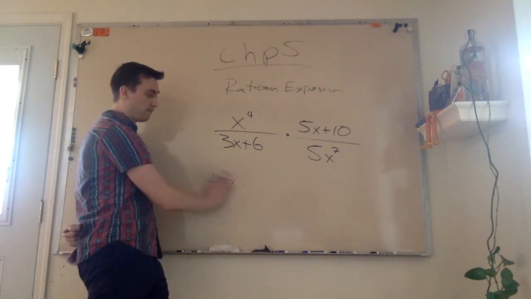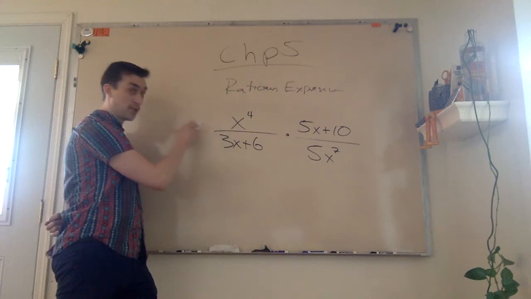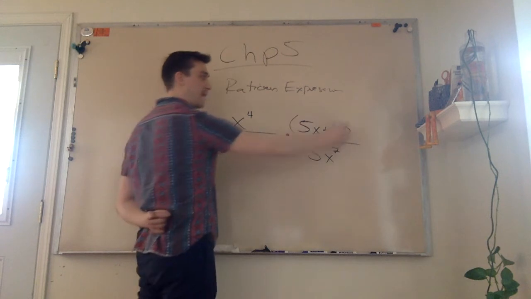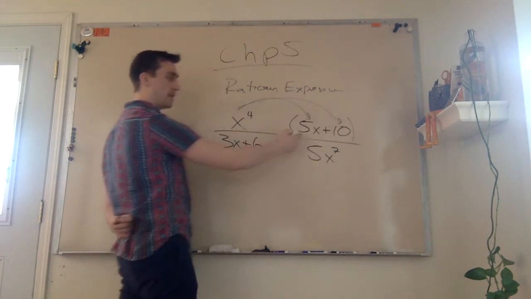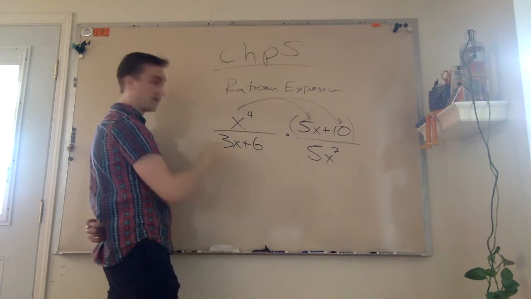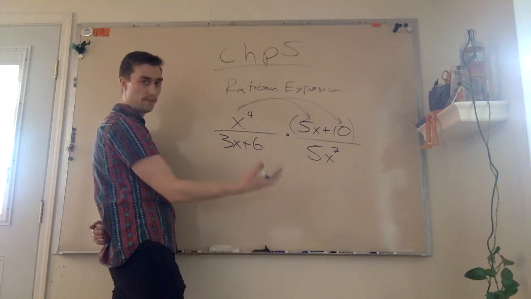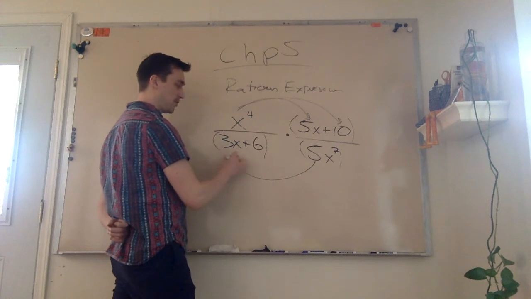Right? So just to make that point clear, if you were going to just get to multiplying this, you would have to do x^4 multiplied by 5x plus 10, which is a distributive property. So it would be x^4 times 5x, which is 5x^5, plus x^4 times 10, which is 10x^4. Then you would have to do this multiplied by this, which is another distributive property.